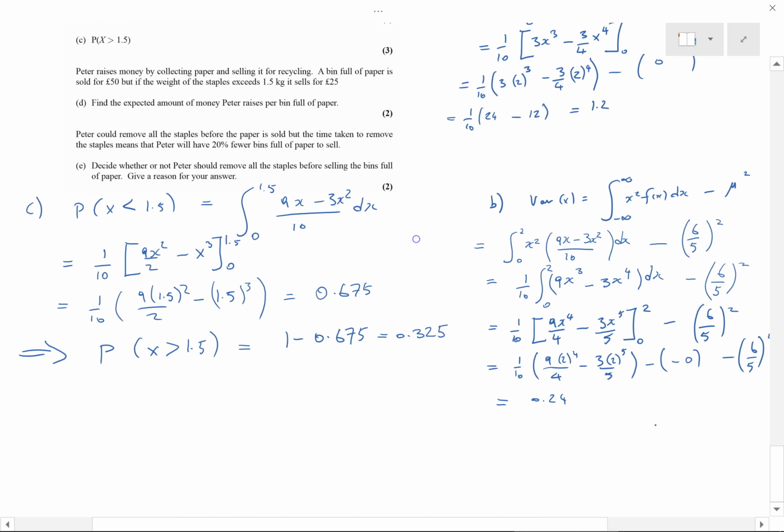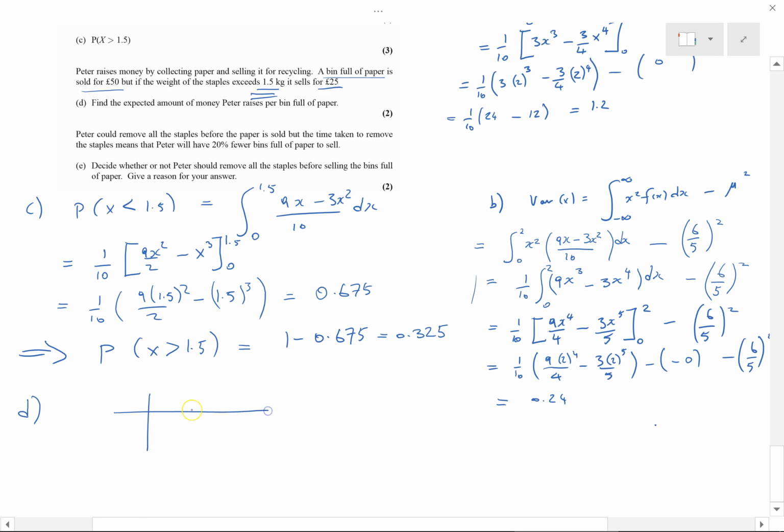Okay, right, so now finally we're getting close to the end of the paper, and again they've tried to mix it up towards the end. They said Peter raises money by collecting paper and selling it for recycling. A bin full of paper is sold for £50, but if it weighs more than 1.5 kilograms, which is what we've worked out here, then it's going to cost £25. So we've now got a discrete random variable where the expected amount is like this.